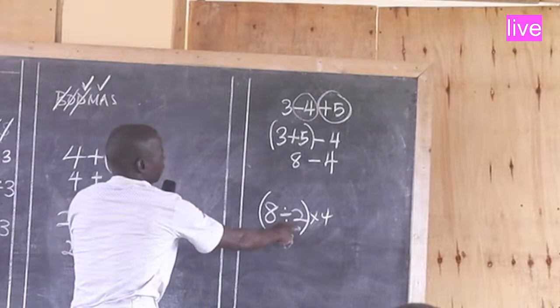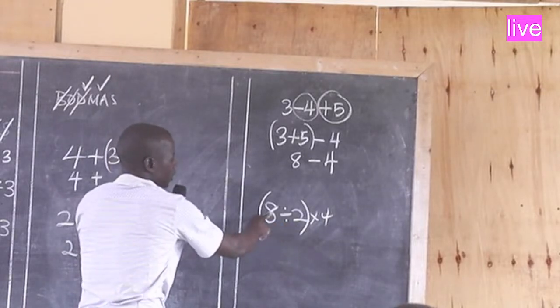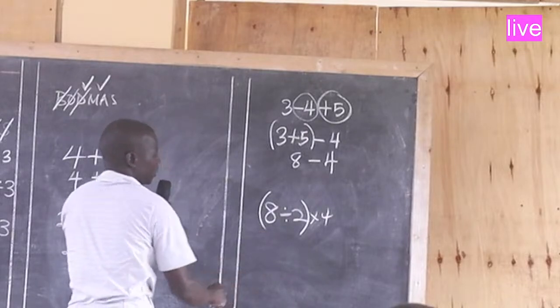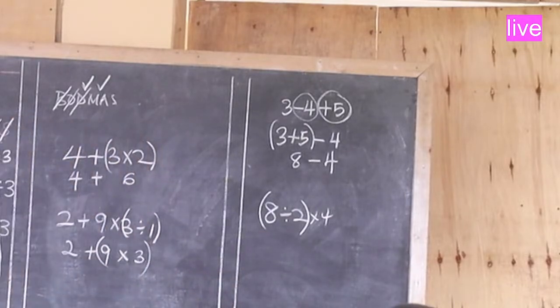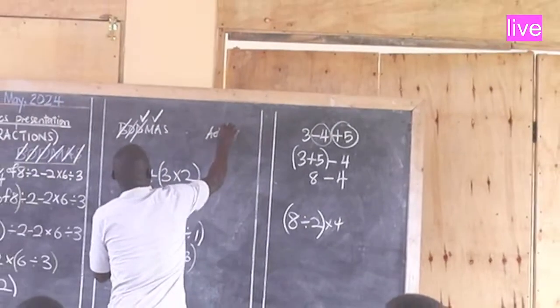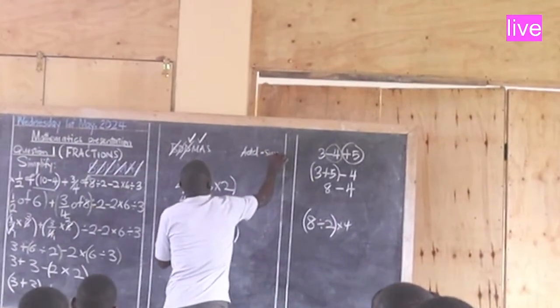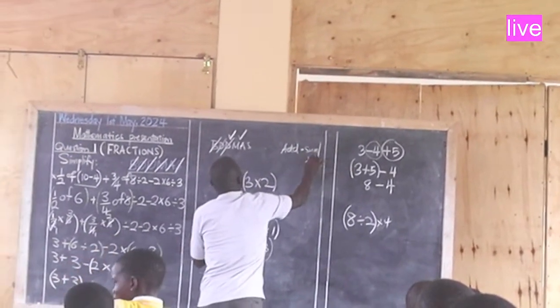So what is the quotient here? What is the quotient between 8 and 2? What do you mean by quotient? The answer, the result after division, not so? When I add, I get total.